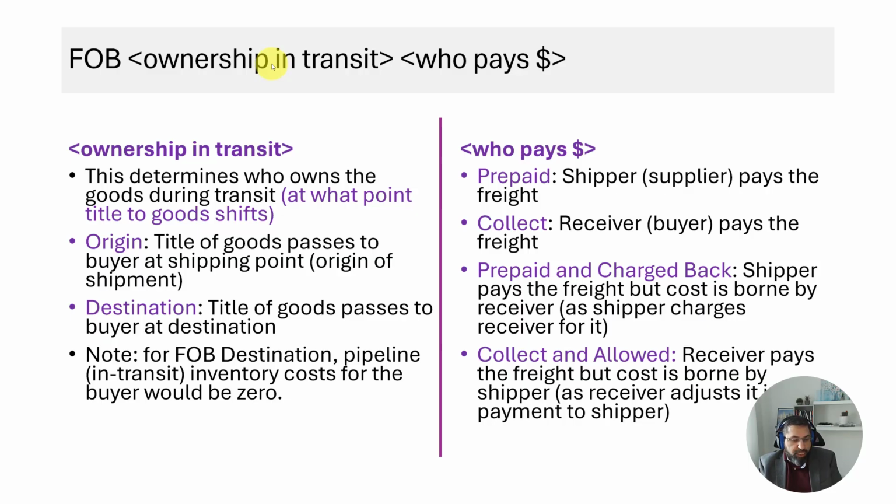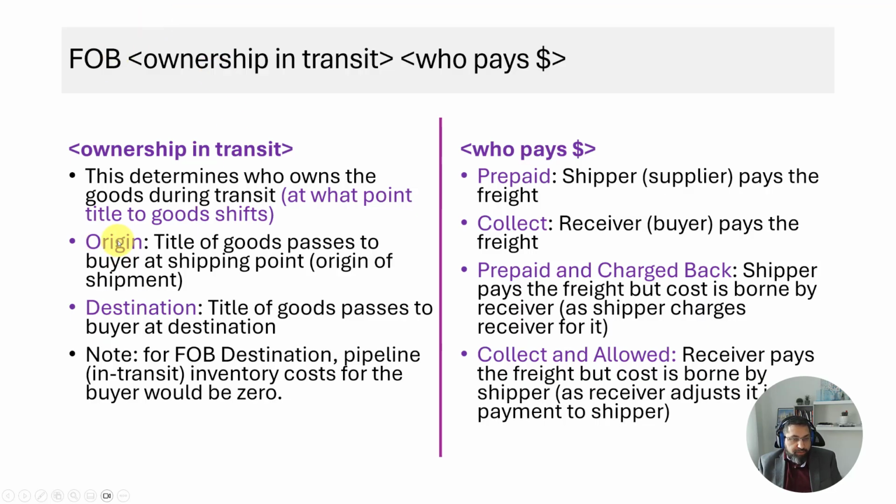Who is going to be at loss? Who's going to file an insurance claim? Is it the buyer of goods or the supplier of goods? So that has to be specified, and that's specified by a term which is either origin or destination in the FOB. So let's say FOB origin or FOB destination.